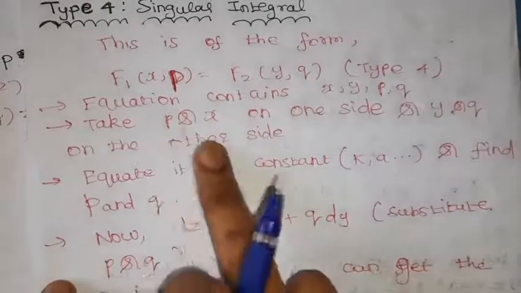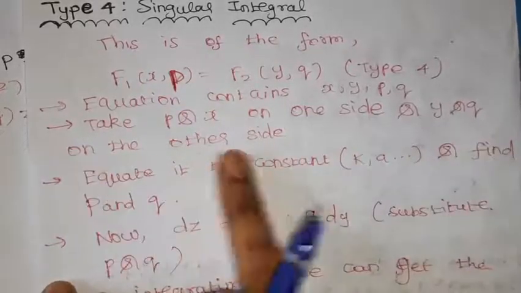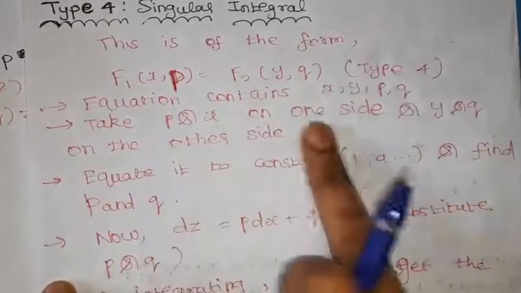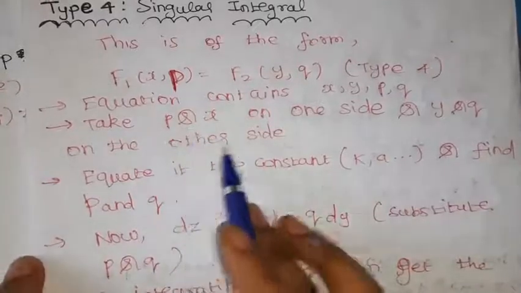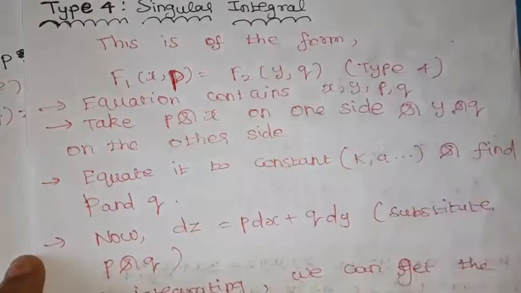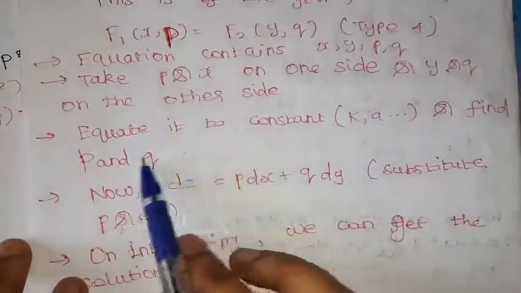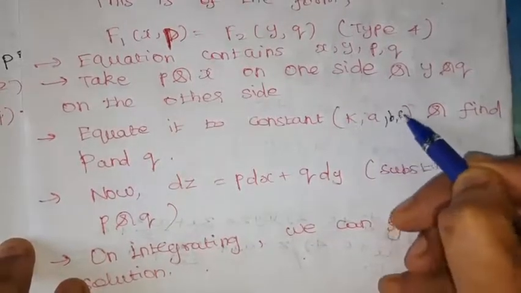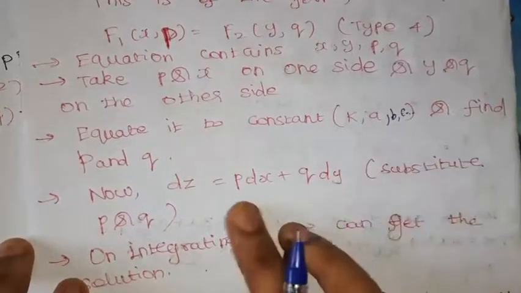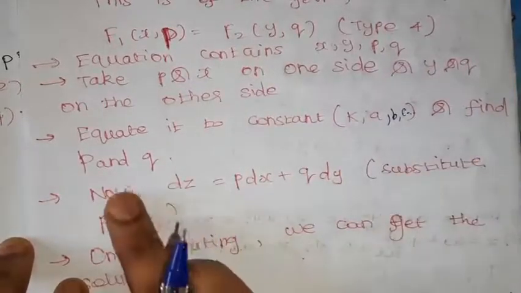Take p and x on one side and q and y on the other side. Then equate it to a constant, some k, a, b or c, whatever we want, and find the value of p and q.